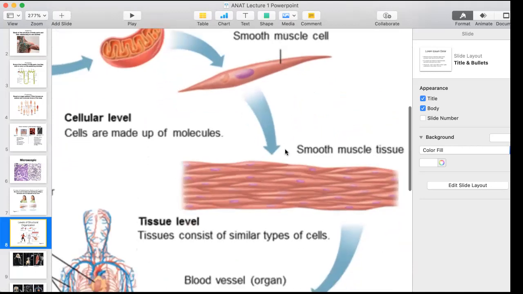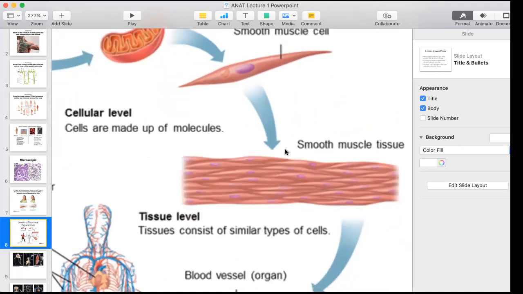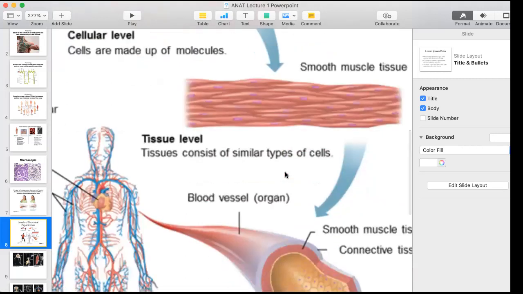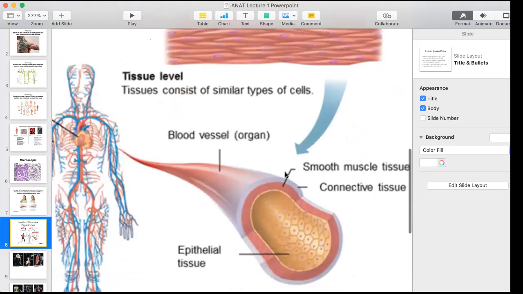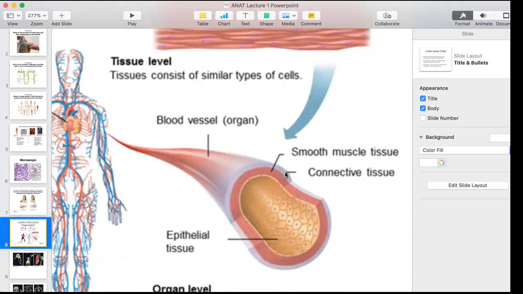Now, tissues are made up of cells of the same type that are adhered together through certain proteins that keep cells together. Now, different tissues, when they combine together to form a functional unit, we call that an organ.